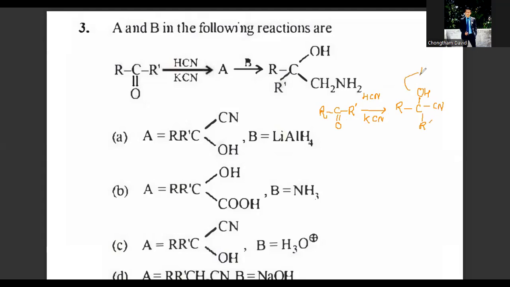So this is your product A. Now if you further react this with lithium aluminum hydride, reduction followed by addition of lithium aluminum hydride, you will now generate this product, R prime CH2 NH2. So from the options available, the correct answer will be A.